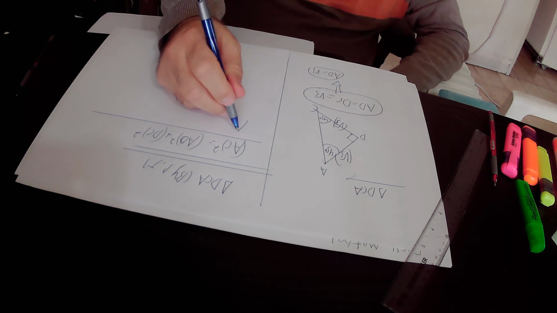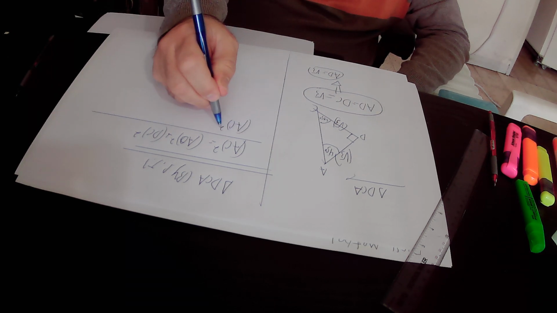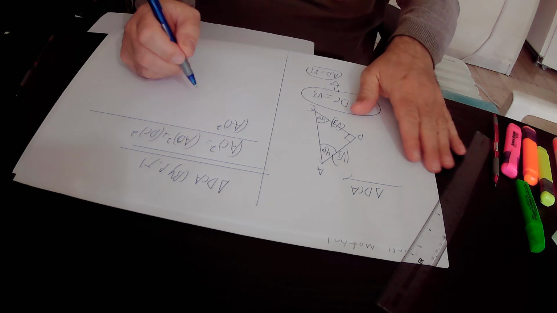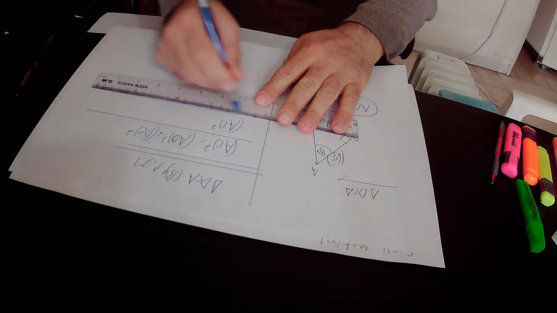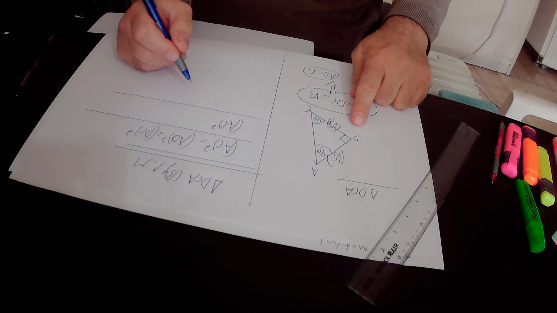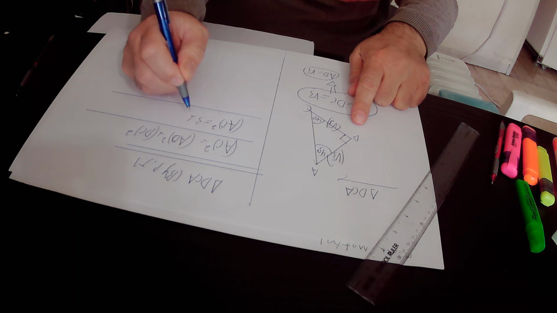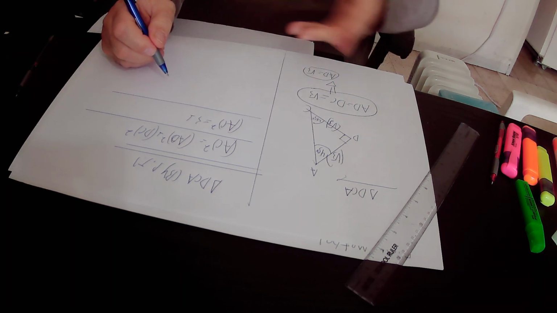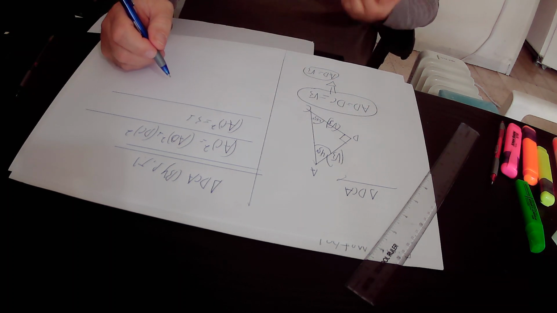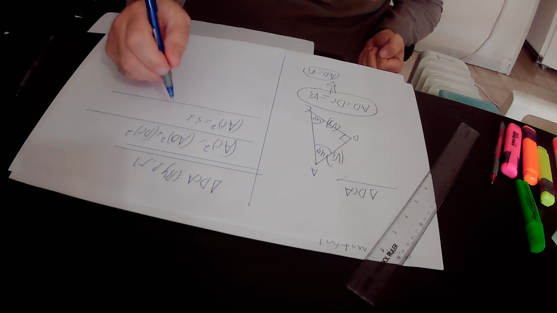AC squared, that is the square of the hypotenuse, equals AD squared. AD is the square root of 3, therefore AD squared is the square root of 3 squared, that is 3, plus DC squared. DC is also the square root of 3, therefore DC squared is also 3.